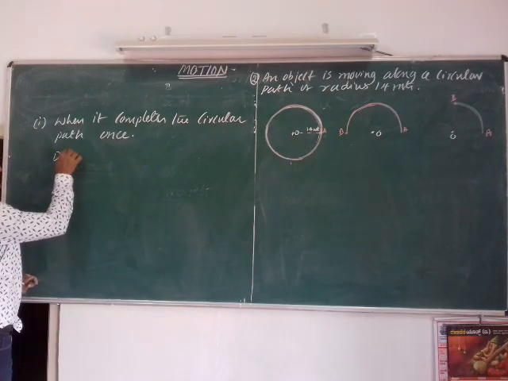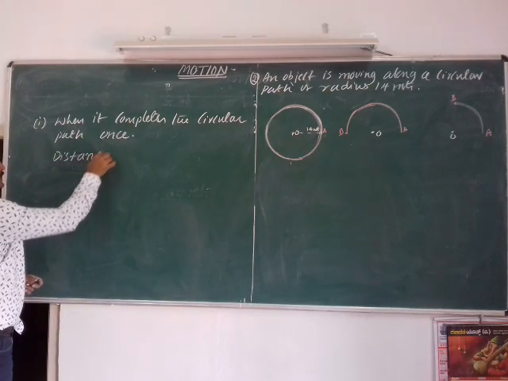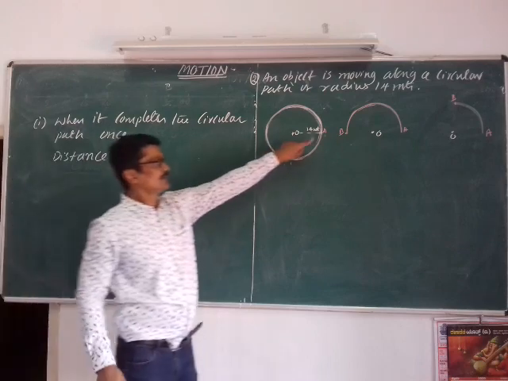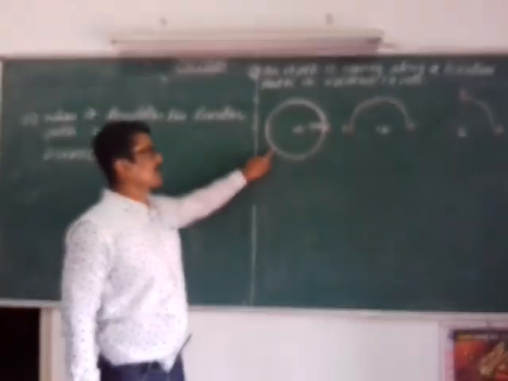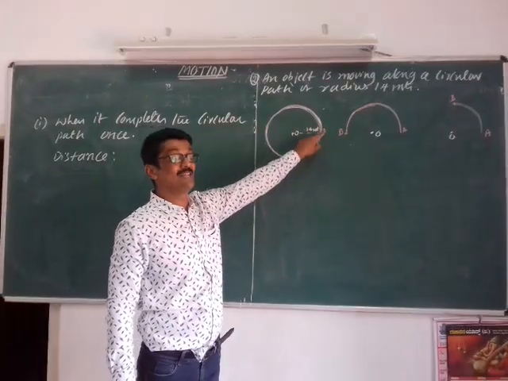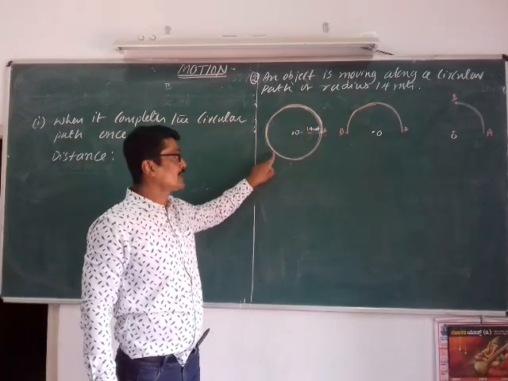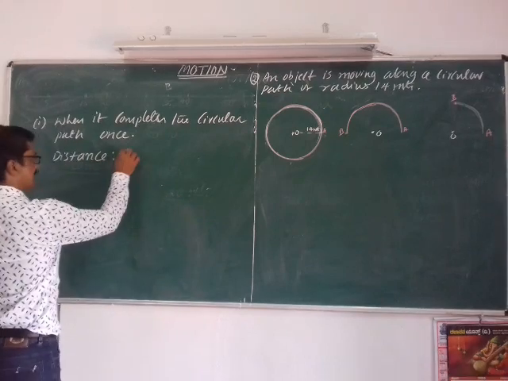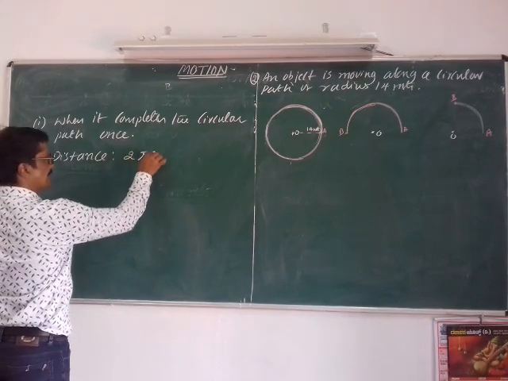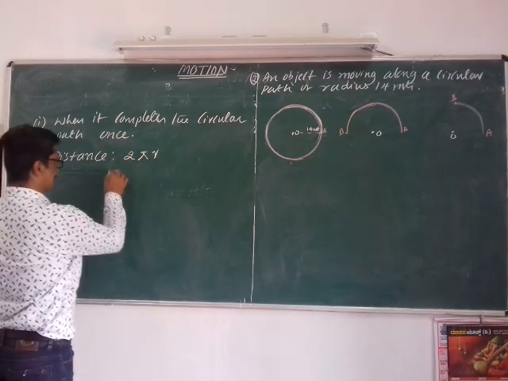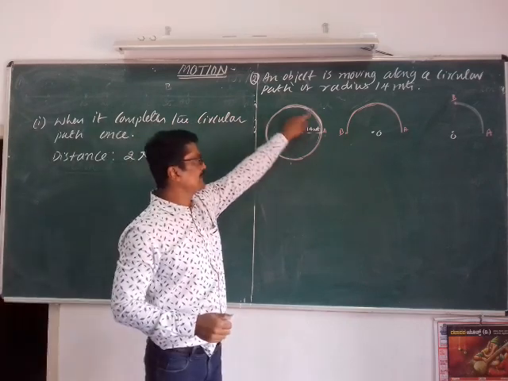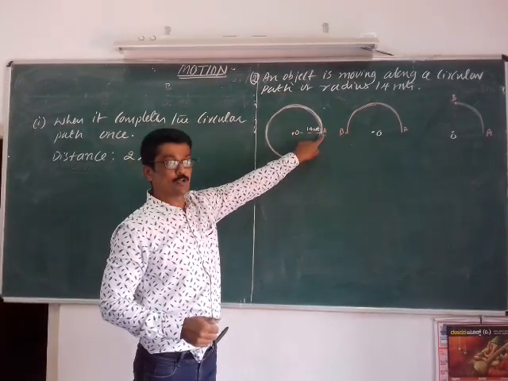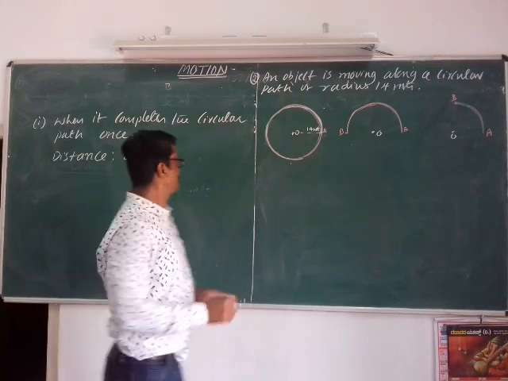So the distance is the circumference of the circle, that is the length of the closed curve which forms the circle. So we have to take 2 pi r distance because the object has completed the circular path once.